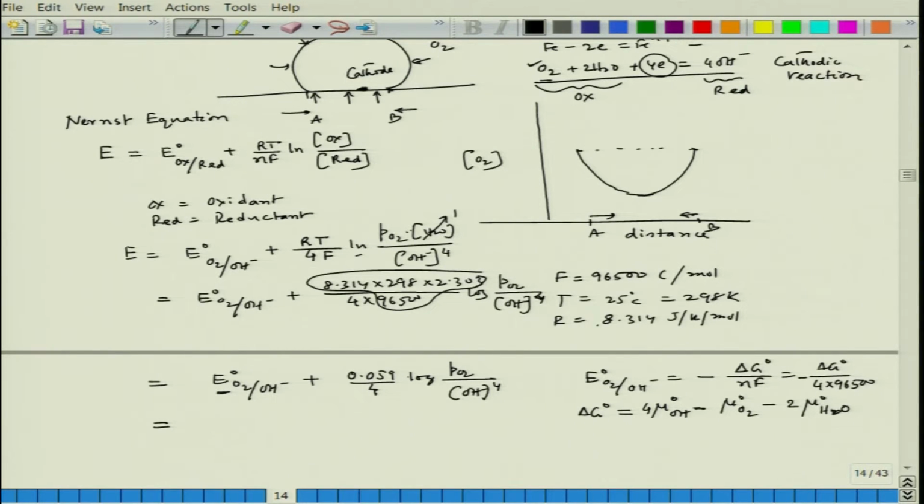In order to understand this, you have to follow corrosion part 1. There we have analyzed in detail why these things come.